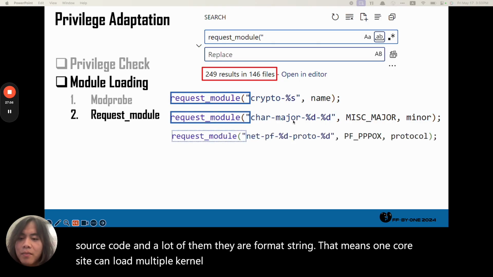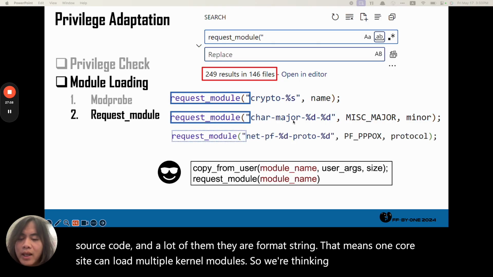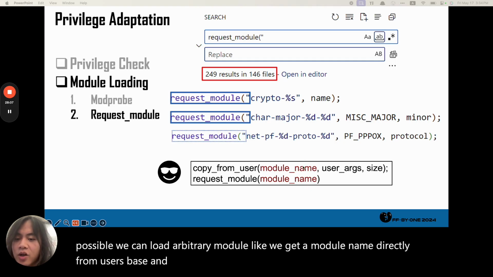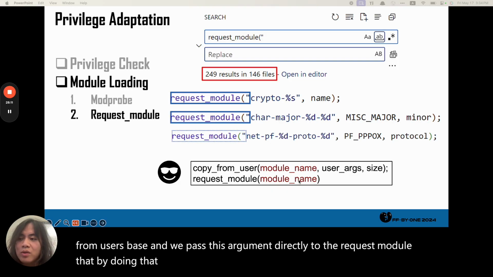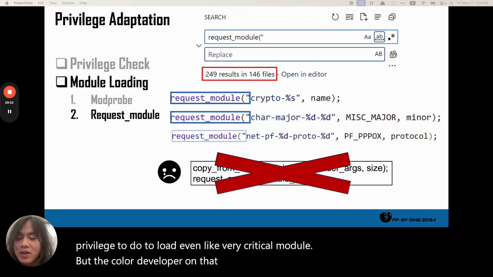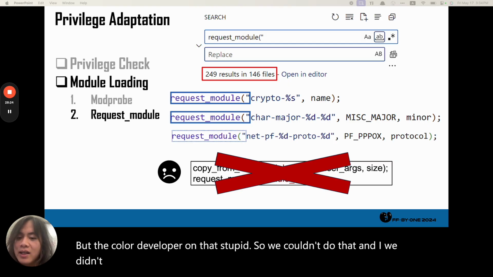So we wondered whether we could load an arbitrary module, getting a module name directly from user space and passing it straight to request_module. By doing that, we could load even very critical modules without root privilege. But the kernel developers aren't that careless, so we couldn't do that. We didn't find anything like that.